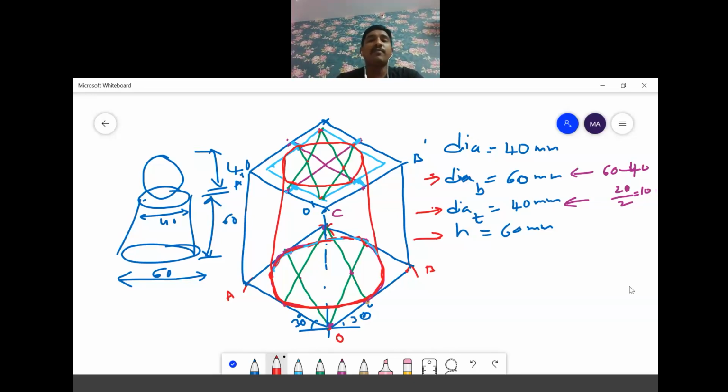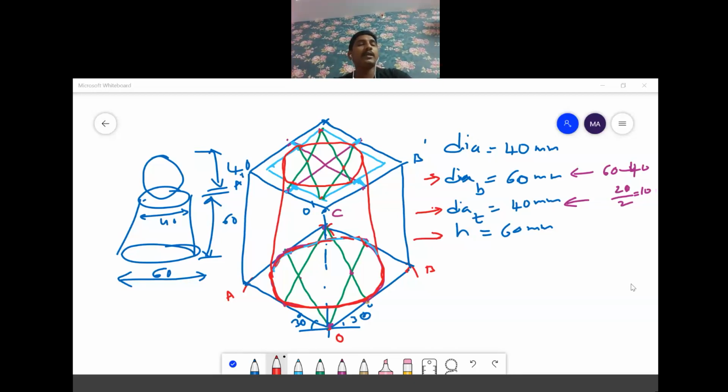And also he has given a sphere on it. When you view a sphere in isometric view, it will look like a circle. When you draw this frustum of a cone with the dimensions, it will look very neat, and in isometric projection it will look like a three-dimensional solid.